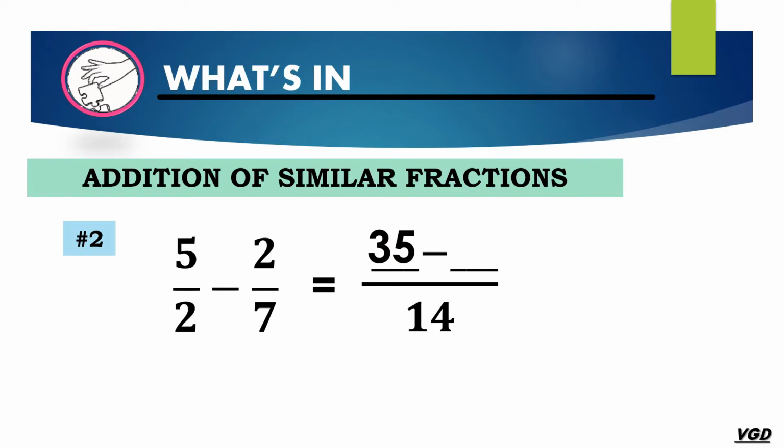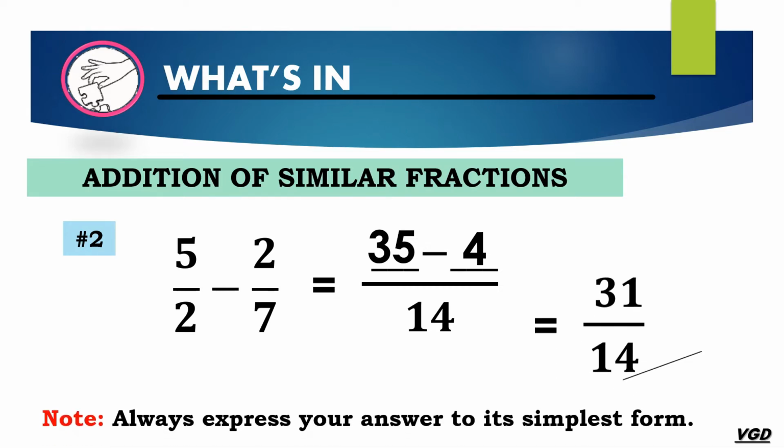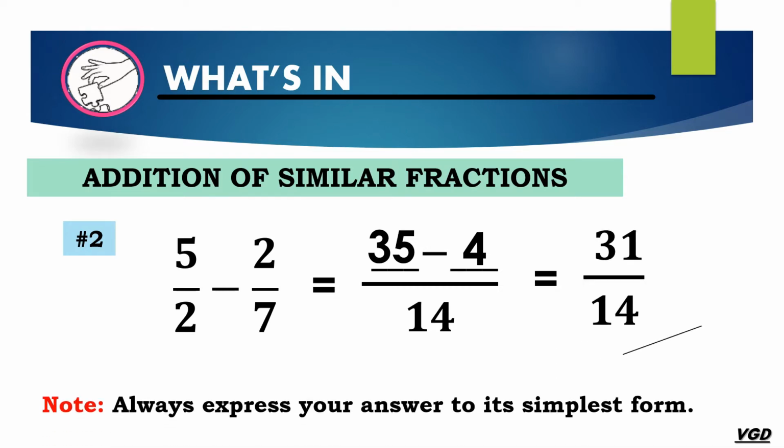Then 14 divided by 7 is equal to 2 times 2 is equal to 4. So we have here 35 minus 4 over 14, or simply 31 over 14. And since we cannot simplify 31 over 14 to its lowest term, our final answer is 31 over 14.